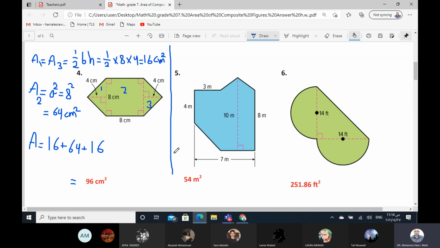Okay. Exercise number 5. As you see here, we have trapezoid. And here we can draw this line.